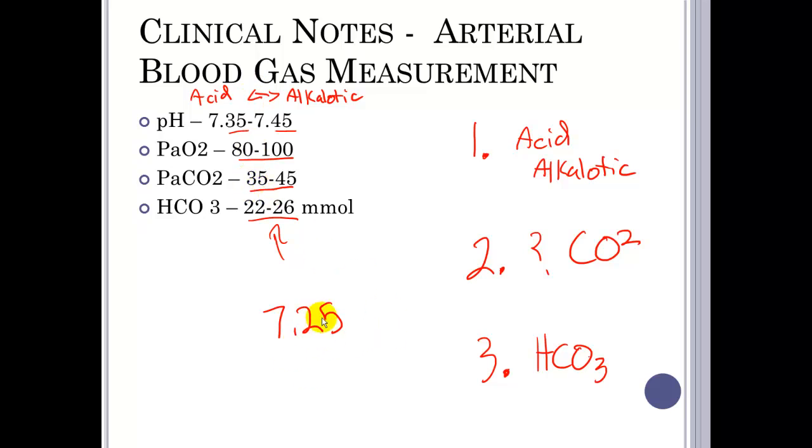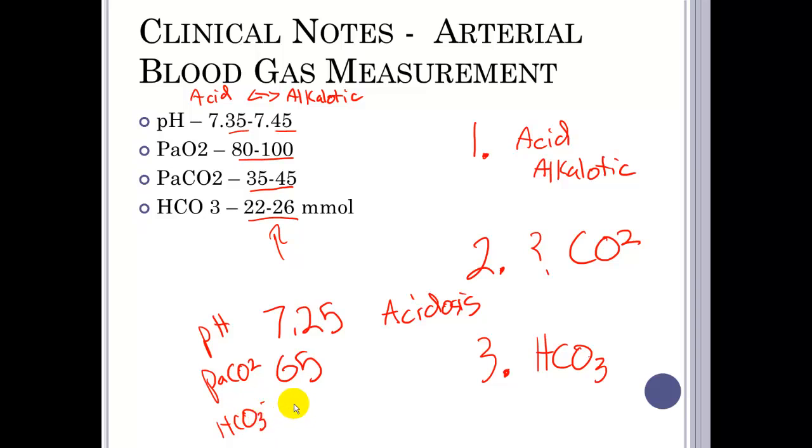So first of all, 7.25, they're in some sort of acidosis. This patient's PaCO2 is going to be 65, and their bicarbonate level is going to be 25.